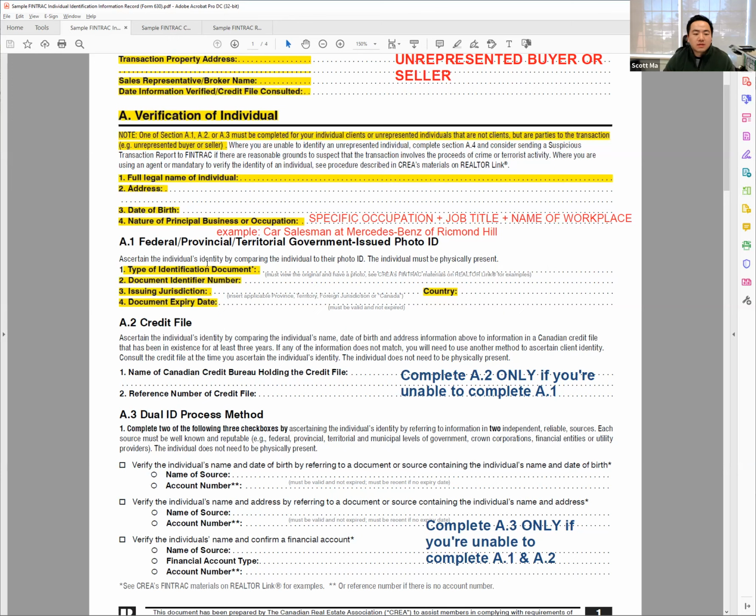In part 1 here, you're going to put driver's license. In part 2, you put the number on the driver's license. Issuing jurisdiction is going to be Ontario if it's a driver's license, or Canada if it's a passport. And then you'll put the document expiry date here.